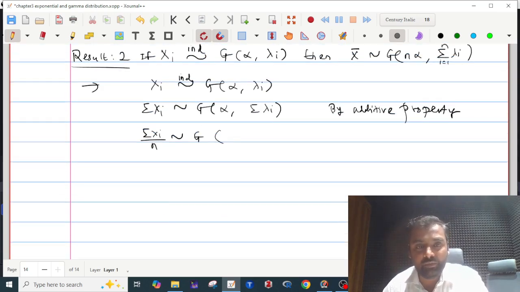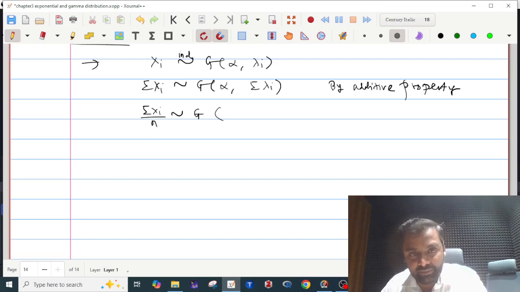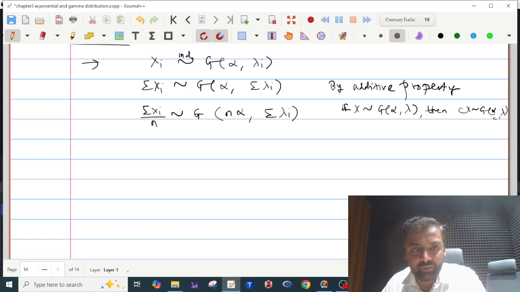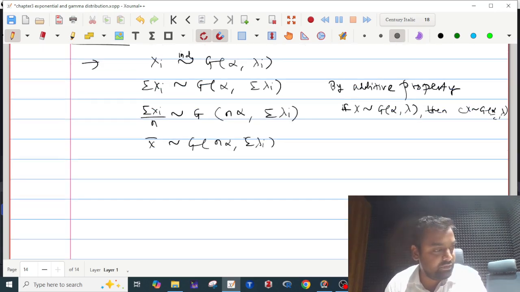So summation Xi upon n is divided by n, so multiply it by n here. In this way, summation Xi upon n, which is nothing but X bar, follows gamma, and we can prove this.